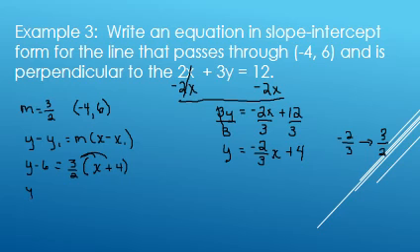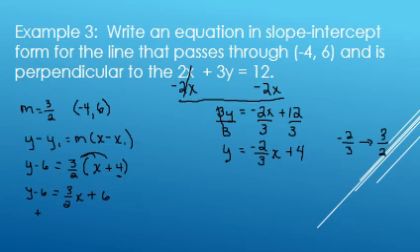So that gives us y minus 6 equals 3/2x. And then we're going to take that 4, whenever we multiply 3/2 times 4, what we do is 4 times the 3 divided by 2. Once again, that's 4 times 3 divided by 2, and that gives us a positive 6.